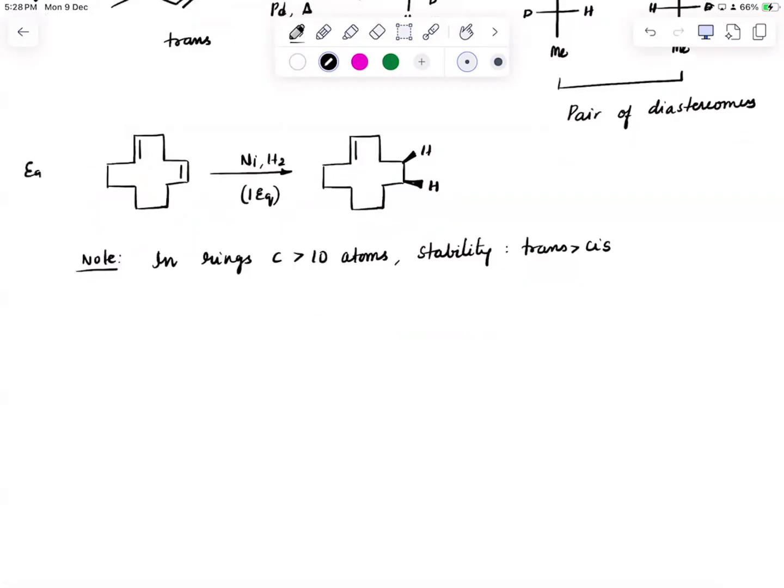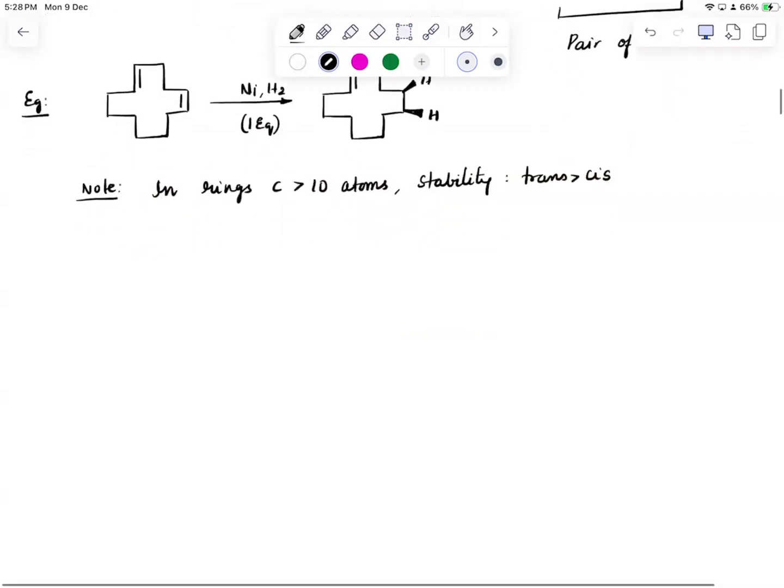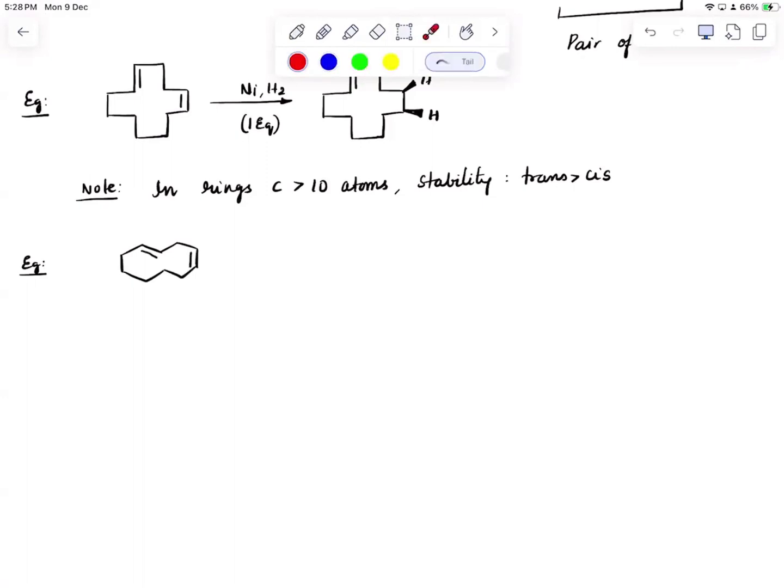Okay, this is another example. One more example, if you notice, suppose I have an 8-membered ring like this. I have a double bond here and a double bond here. Now you notice this. This is 1, 2, 3, 4, 5, 6, 7, 8, 9, 10. So if it is 10, definitely in this case, cis is more stable than trans.